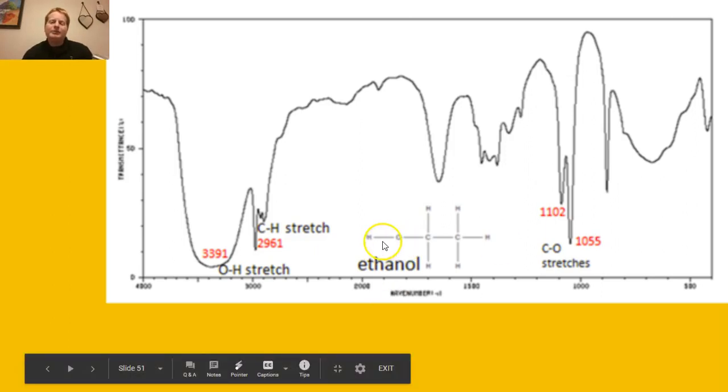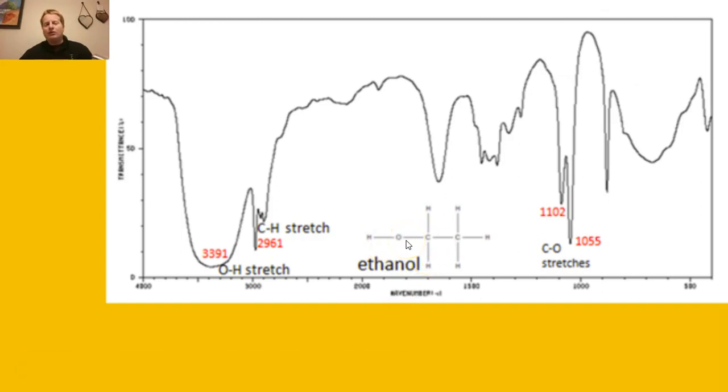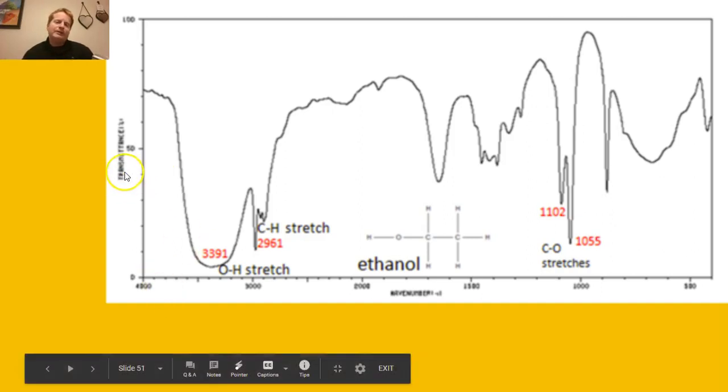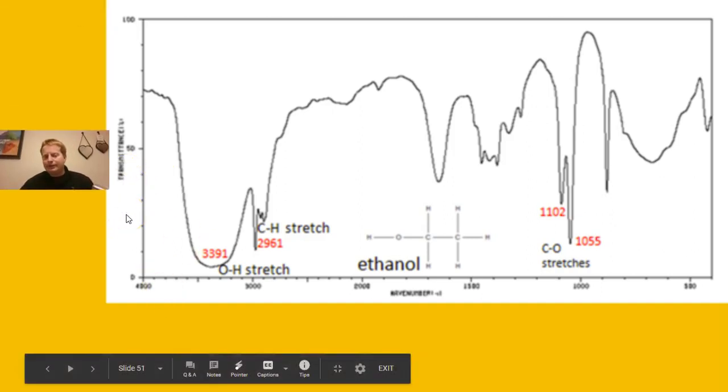So we had an O-H bond, C-H bond, and C-O bonds that all appeared because they vibrated at the same frequency of these different peaks, essentially, of that particular region of the infrared light. If it doesn't match at all with the incoming infrared light, then it won't absorb it at all. It'll just transmit completely. So notice it says transmittance over here. That's kind of a giveaway for infrared as well.